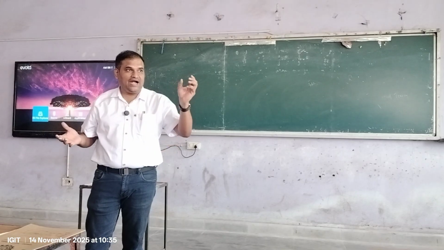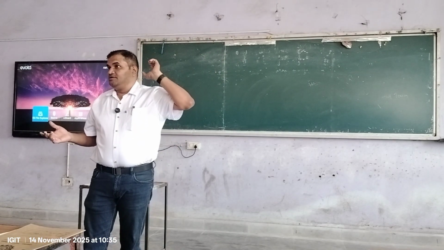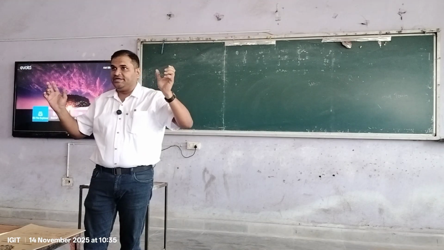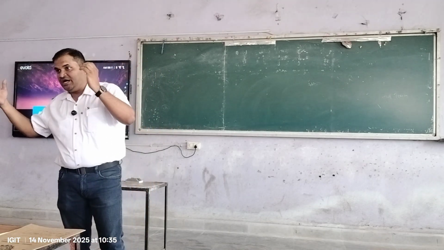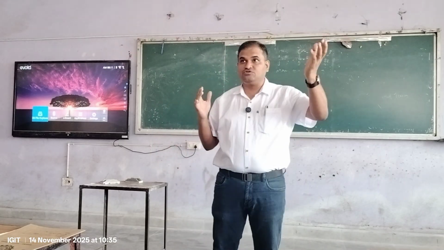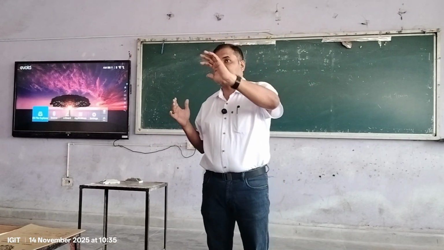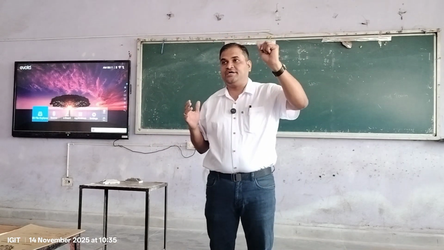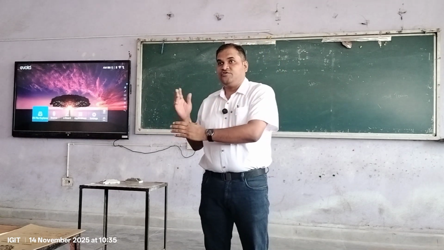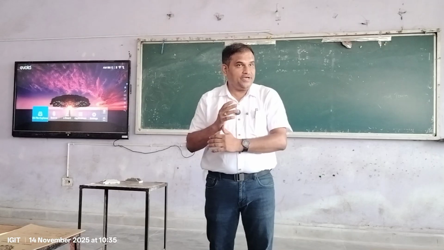So from that we can relate L di by dt is equal to N d phi by dt, and you can get a relation between the flux and inductance. The students who have gone through all the revision of the transformer can clearly understand what I mean: wherever there is a flux, we can relate that in terms of inductance.